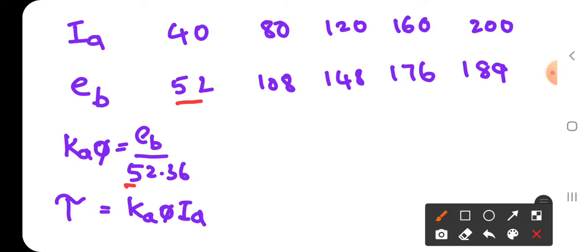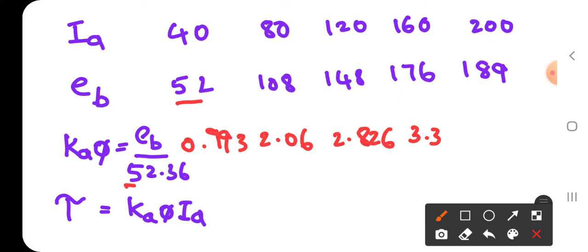If you do that you will get 0.993, next 2.06, next 2.826, 2.826, next 3.36.